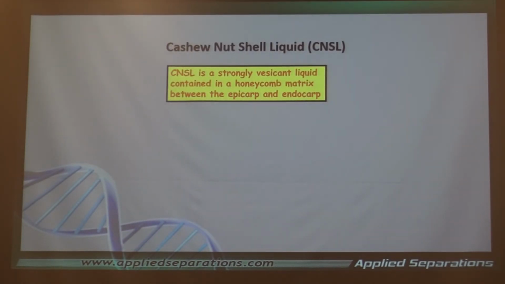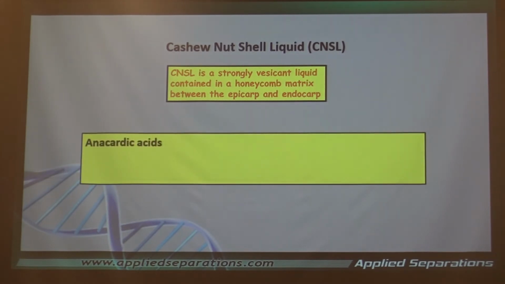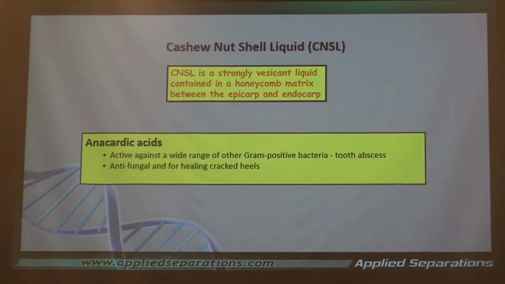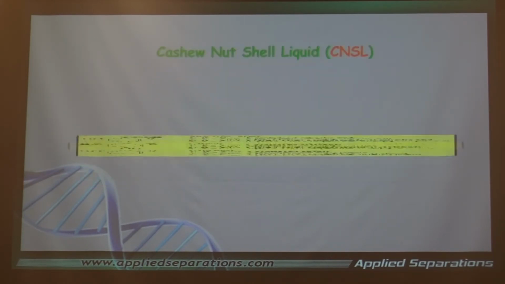Another little technique I want to show you is dealing with cashew nut oil. This is the oil that is not in the meat of the nut, but in the shell. I'll show you here, these are anacardic acids. And these are used in a wide range of antibacterial and antifungal configurations, and actually in some of the resins and coatings on natural products.